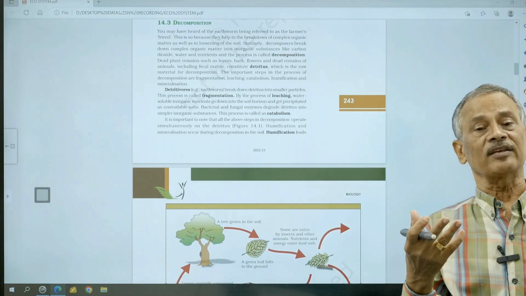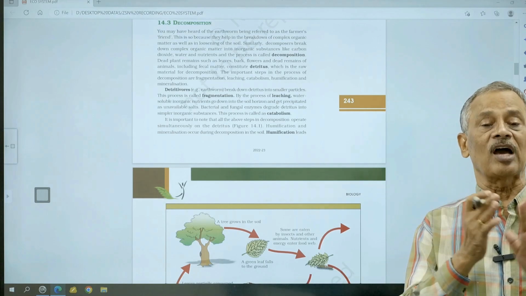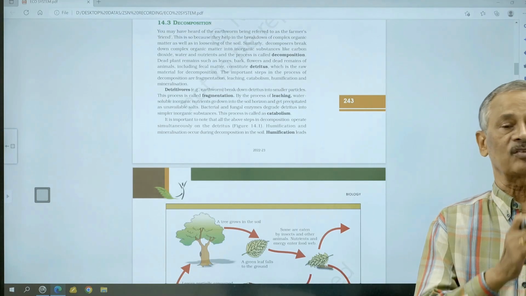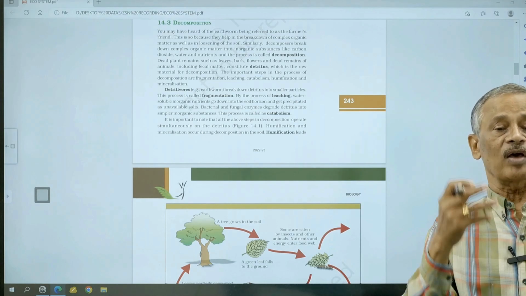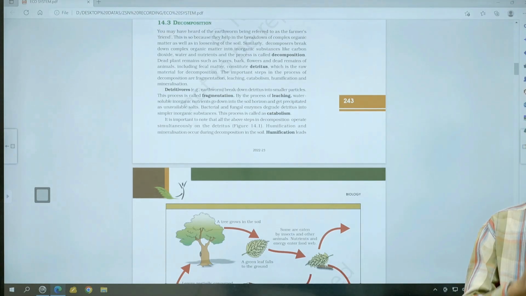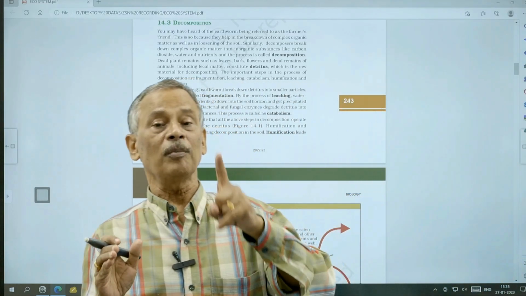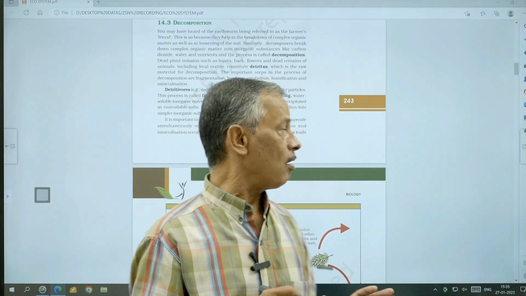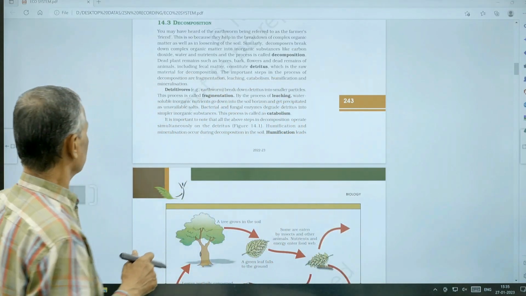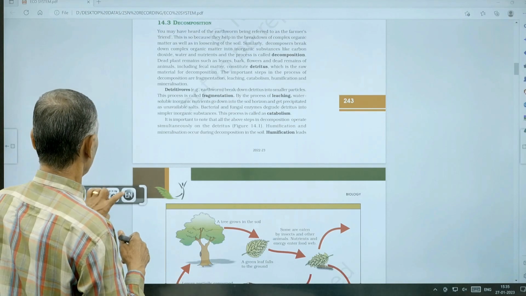Even before that, the excreta falling on the earth's surface, or the leaves, flowers, fruits, etc. falling on the earth's surface, are all subjected to decay. So anything that acts as the raw material for decomposition is called detritus.